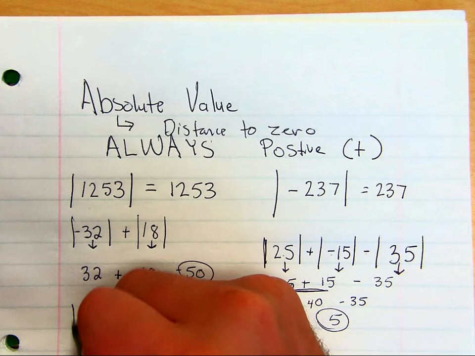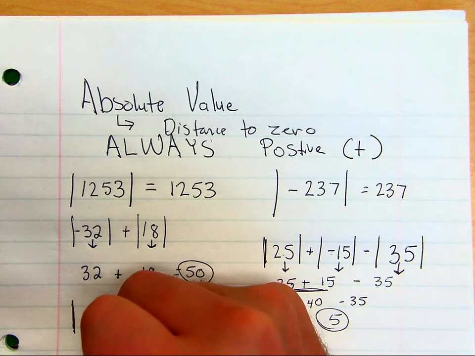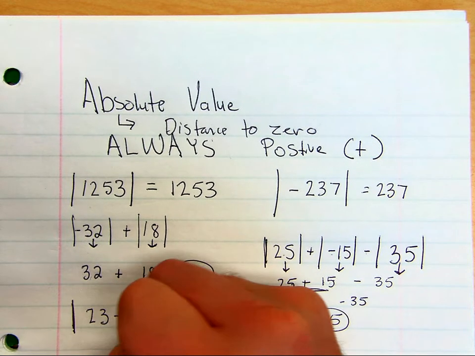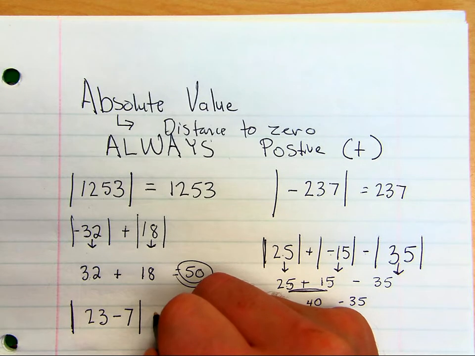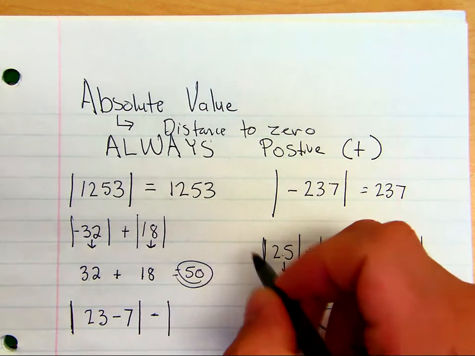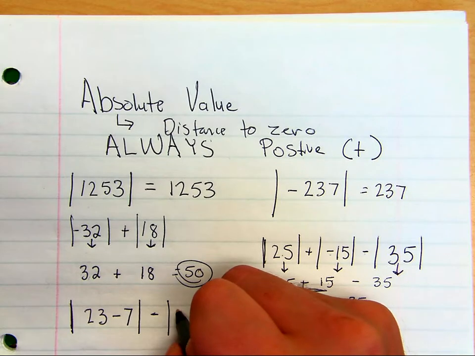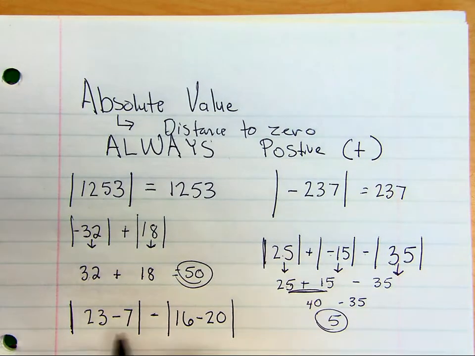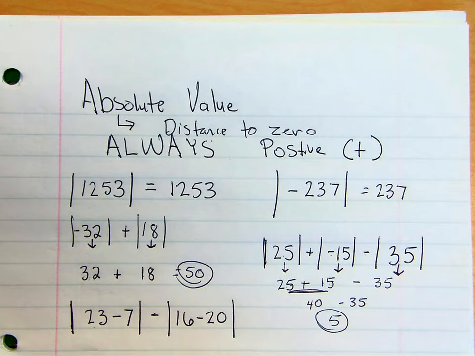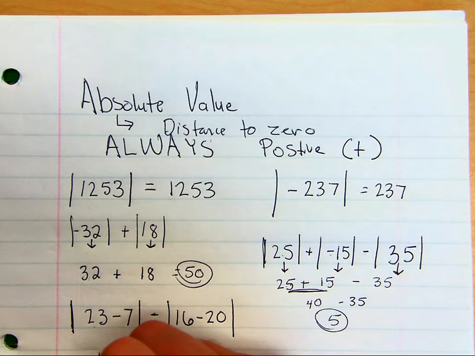If multiple things were inside of there, let's say I had the absolute value of 23 minus 7, minus the absolute value of, we'll just say 16 minus 20. So 23 minus 7, I'm going to solve that first. 23 minus 7 would be 16.